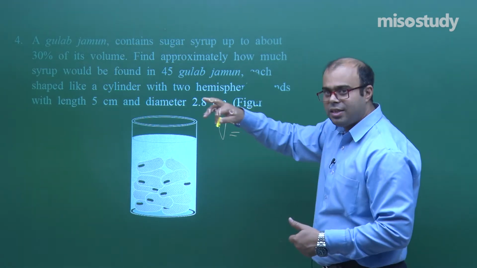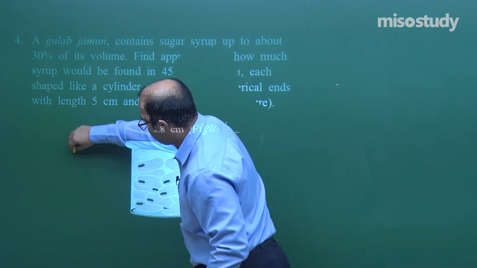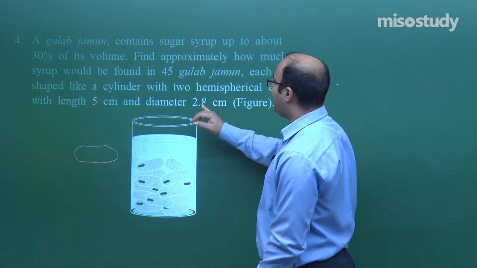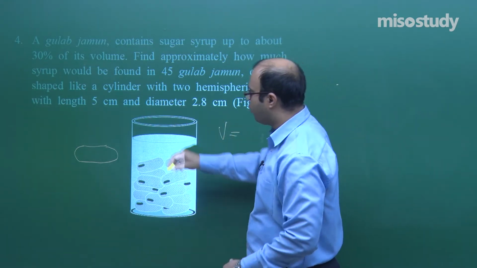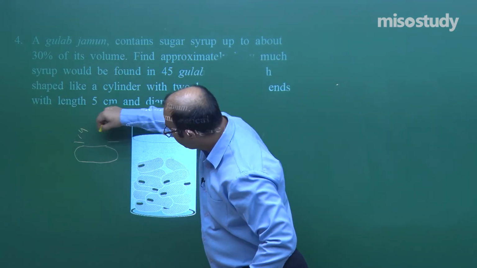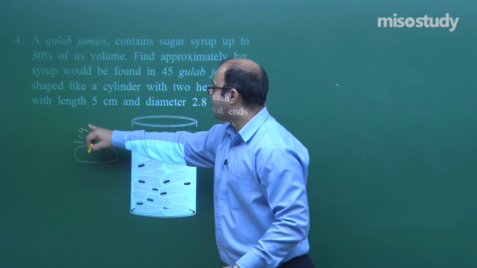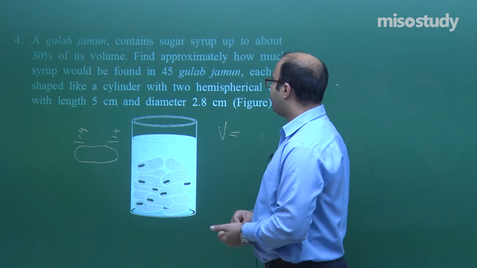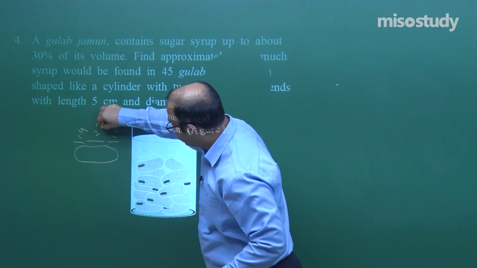So length is the length of the whole gulab jamun, that is 5 centimeter, and the radius, if diameter is 2.8, then radius is 1.4. So this part is 1.4, this part is 1.4, and the total is 5. So let us subtract from 5, 1.4 into 2, that is 2.8, that will become 2.2. So this is 2.2 centimeter.